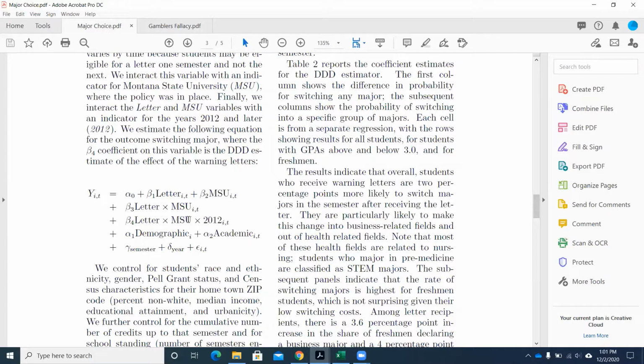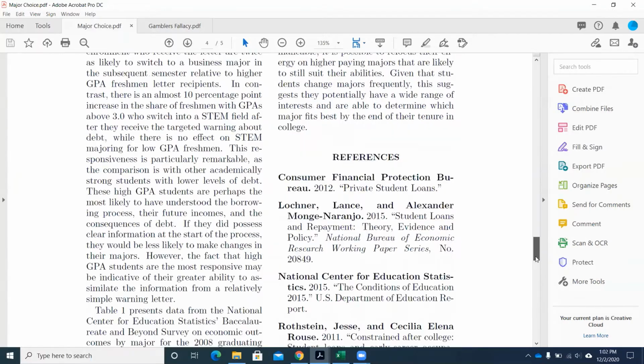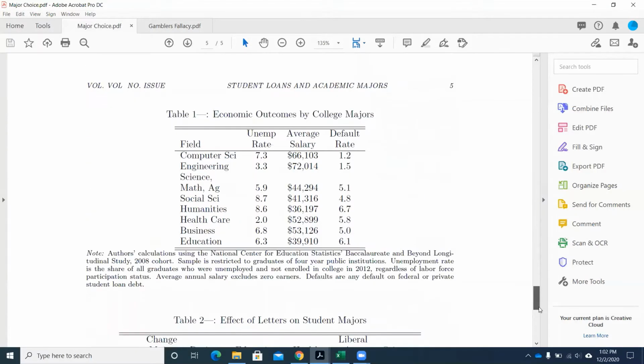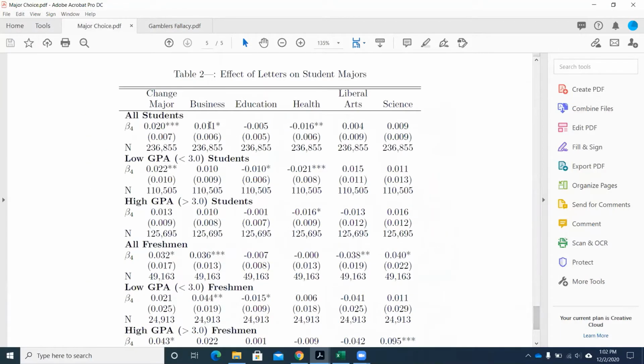And so they wanted to see how receiving that letter impacted these different behaviors by the students, taking more credit hours, taking less loans out. So here specifically, they want to look at how it changes the probability that they choose certain majors or switch into certain majors. So it's a 1 if they switch into those majors, 0 if not.